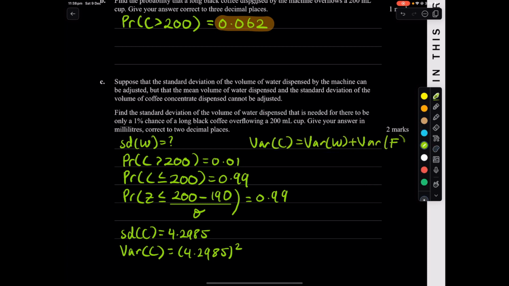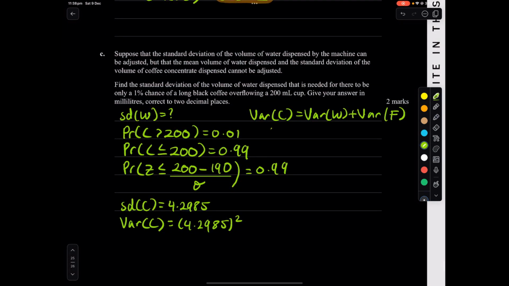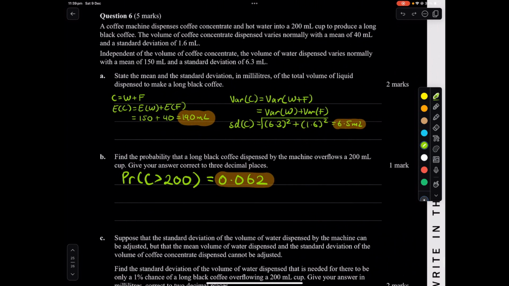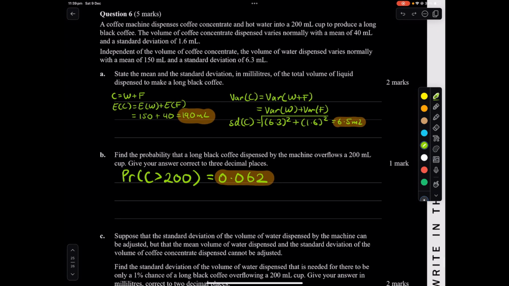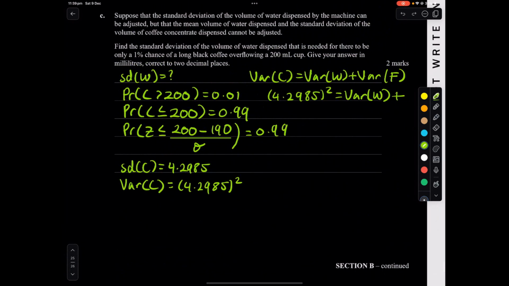So if this is 4.2985 squared, and we want to find the variance of the water, the variance of F is not going to change. The coffee concentrate's standard deviation was 1.6, so it's 1.6 squared. And we want to calculate the variance of W.